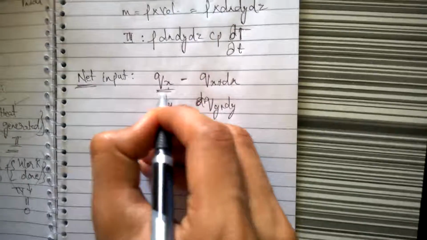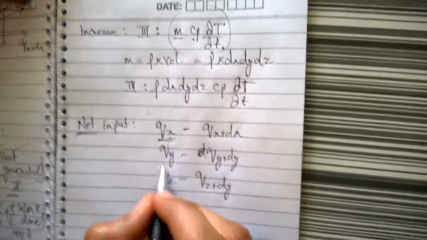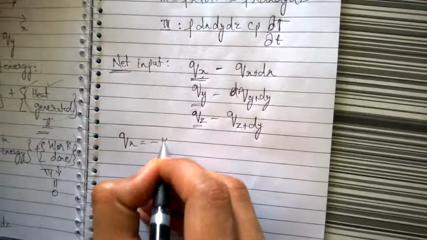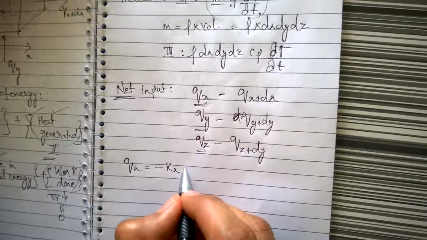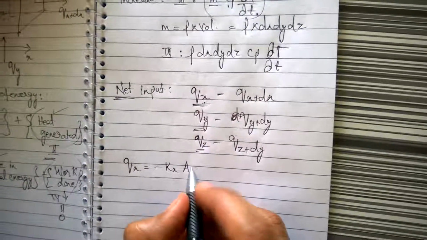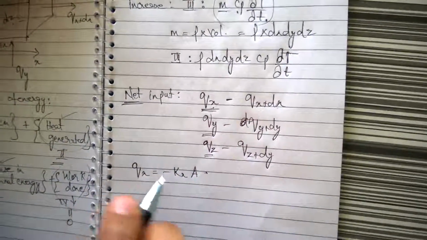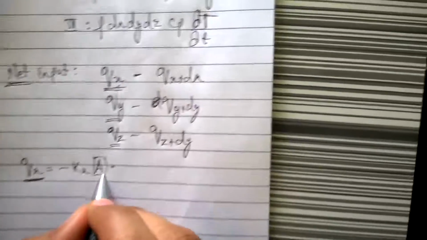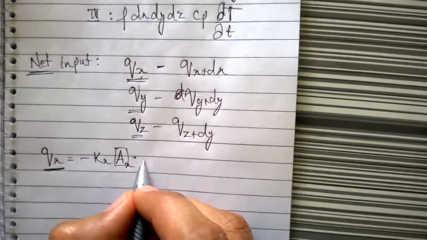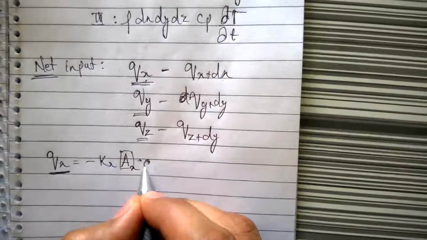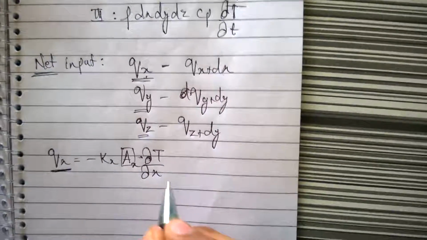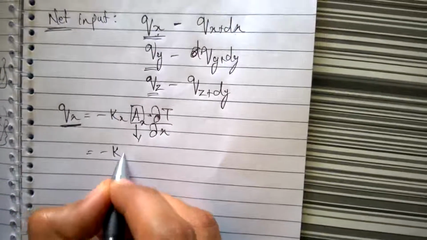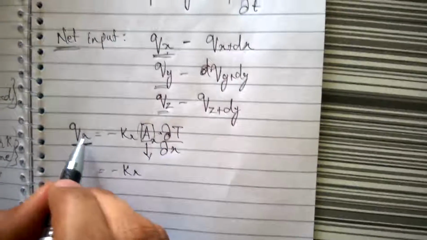Now what we know already from the previous chapter is what exactly Qx, Qy and Qz represent. We know that Qx is nothing but minus Kx, K in the x direction, into the area of this surface. You remember, this is the area normal to the direction of x, right? And the temperature change in the direction of x, so it will be dT by dx. First we'll expand what this Ax is. So this is minus Kx. This should be normal to the surface of x.